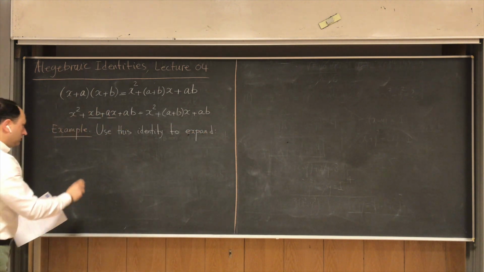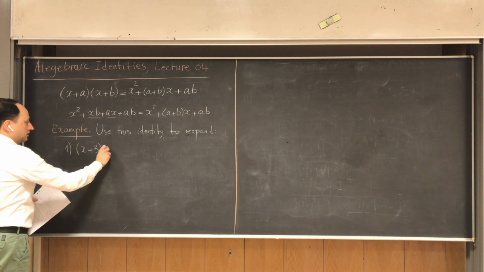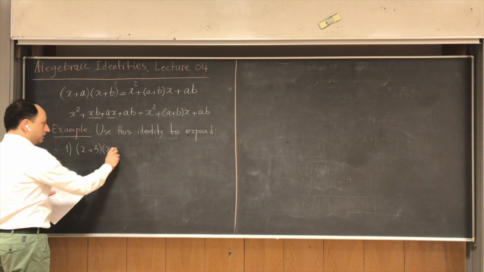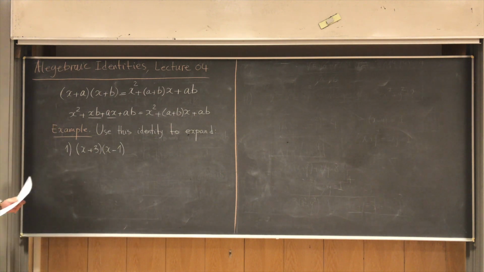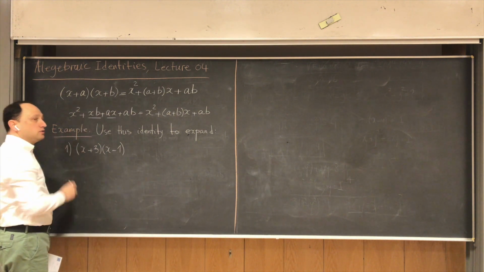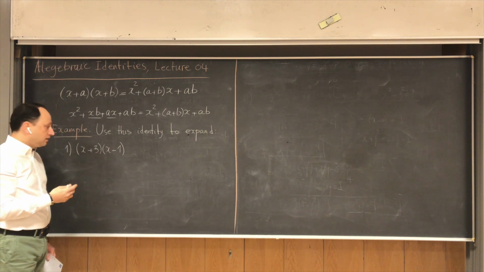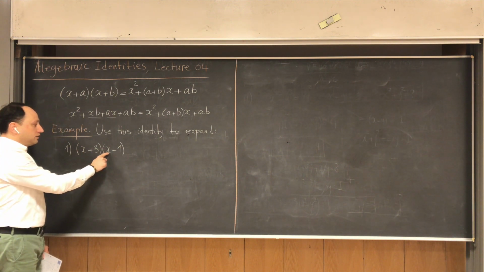Number one, for example, (x plus 3) times (x minus 1). If I want to expand this, of course I can use this identity, because I have two binomials multiplied together and one term is in common.